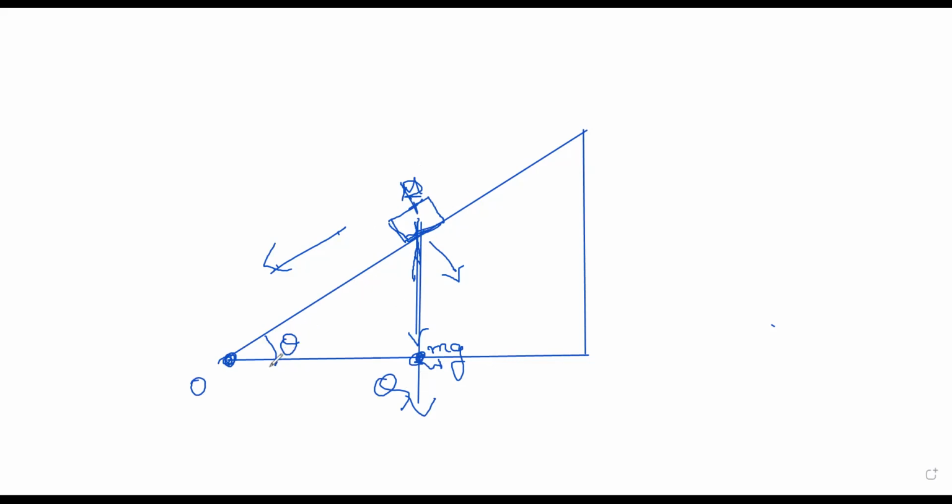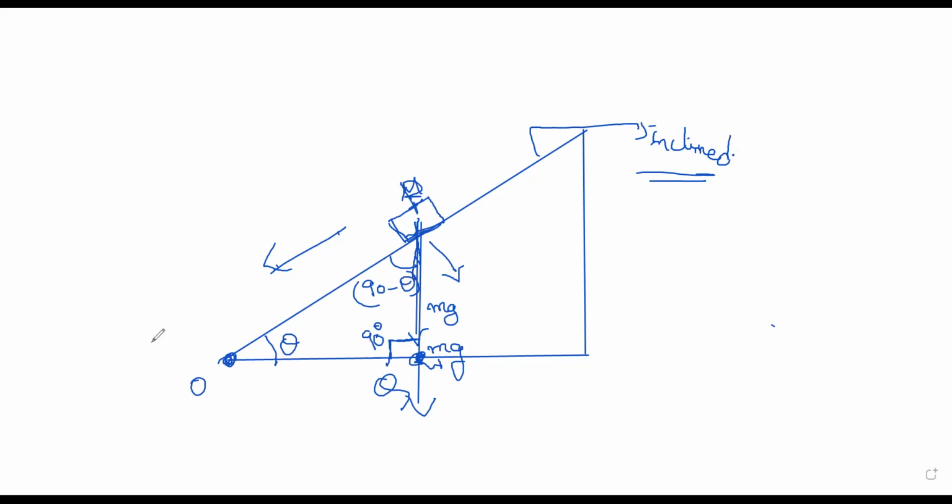If this is theta and this is exactly perpendicular, so this is 90 degrees, then this angle will be 90 minus theta. So the required force vector mg is making an angle 90 minus theta with respect to the incline. So mg vector is forming like this, and along the plane, the incline is connected to the angle 90 minus theta.